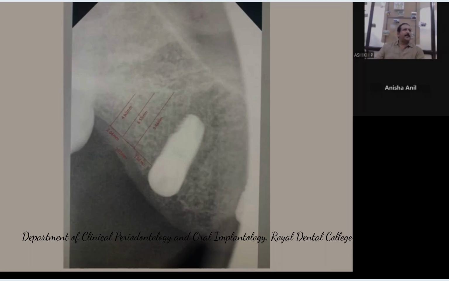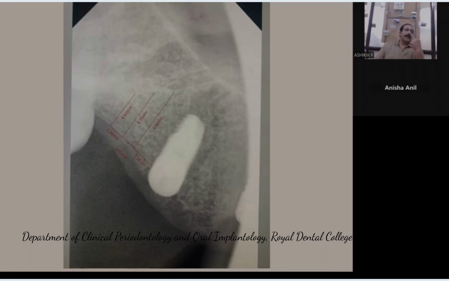All you need is to break the floor of it. So preparation maximum till the sinus depth, then increase the diameter to your desired preparation, then break the sinus floor and enter it and place the implant and come back.